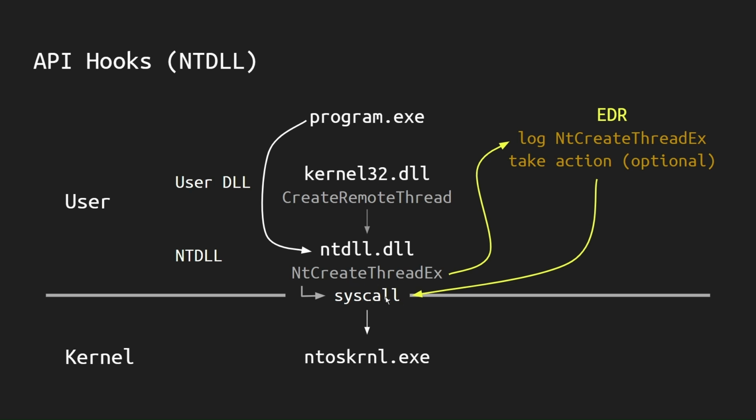And it could log, okay, this person created a new thread. And that's a kernel callback. The way it actually works is for specific syscalls. So there's a certain set of syscalls that have a list associated with them.